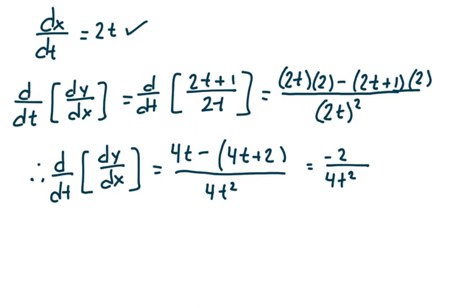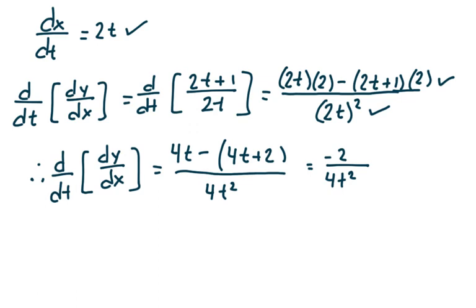So this is equal to 2t times 2 minus the quantity (2t plus 1) times 2, divided by (2t) raised to the second power. So the derivative of dy/dx with respect to t ends up being negative 2 divided by 4t squared when it's all said and done.